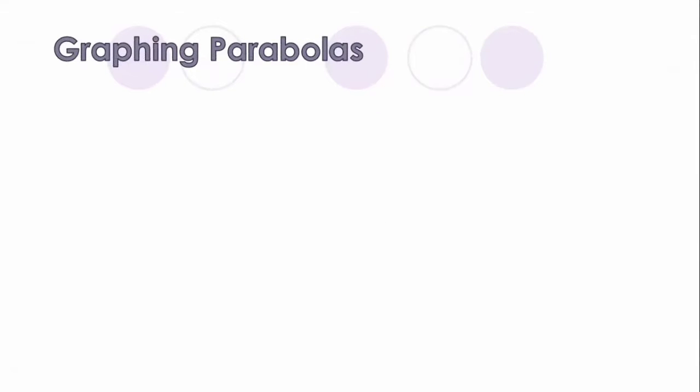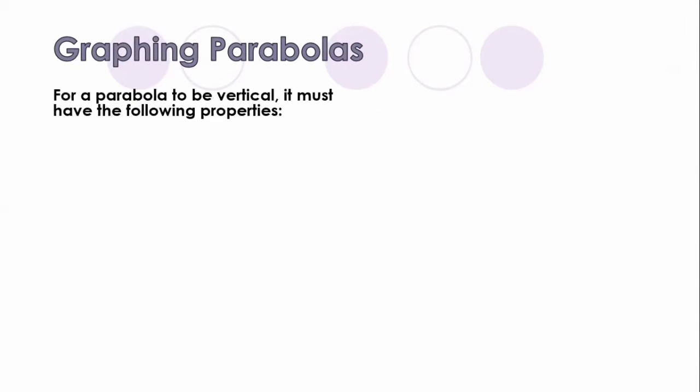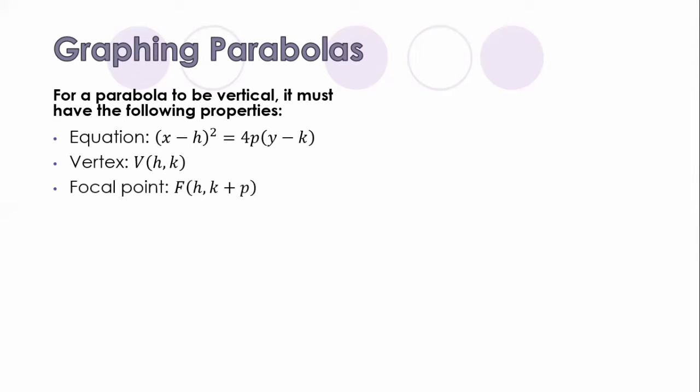So graphing the parabolas. For a parabola to be vertical, it must have the following properties. For the equation, (x - h) squared = 4p(y - k). For the vertex, V(h, k). For the focal point, F(h, k + p).